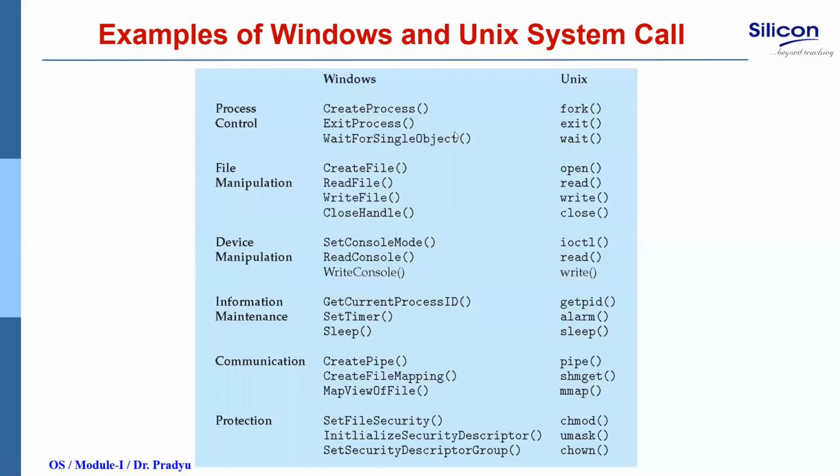Roll number 2 is permanently absent. 3, 4, 5, 6, 7, 8, 9, 10, up to 22. 22 is also permanently absent. 25, 26, 27, 28, 29, 30. Sir, 26 present. 26 present. Yes, sir.